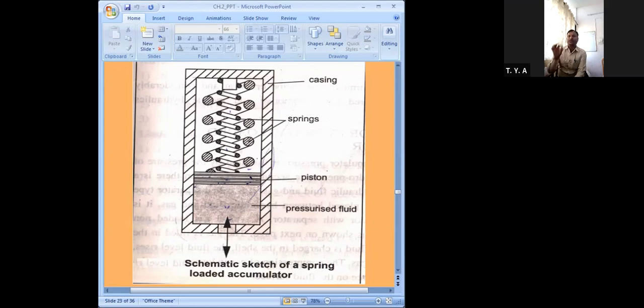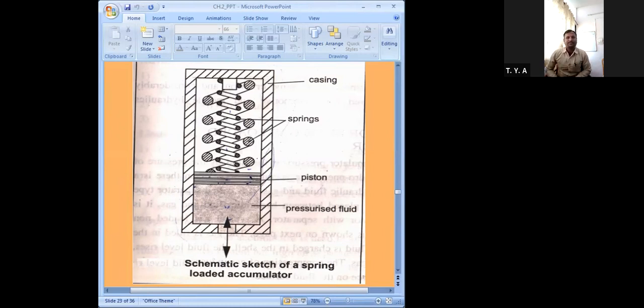Once again I will repeat, when the fluid is discharged out of this accumulator, that means when the fluid is going to exit from this port, that time the spring is going to expand, getting it?